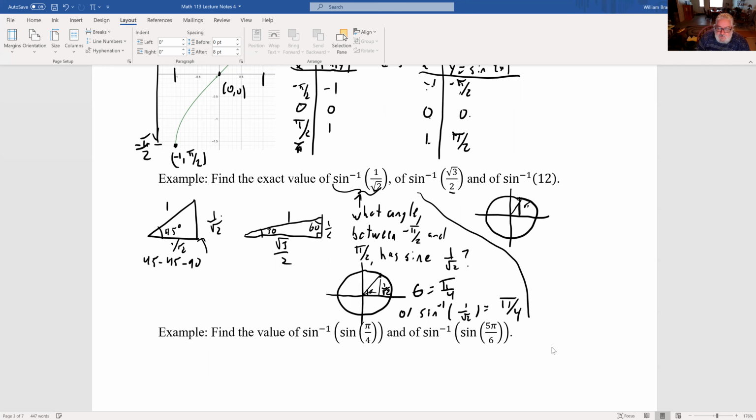But if this is square root of 3 over 2, the angle here must be 60 degrees because we're in the 30, 60, 90 triangle. And 60 degrees is pi over 3. So sine inverse of root 3 over 2 equals pi over 3. What angle has this as a sine? The answer is that.